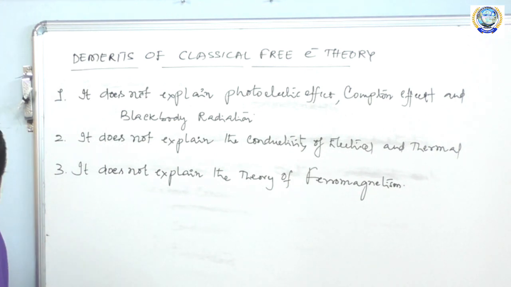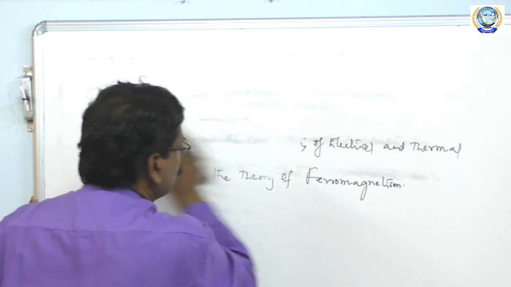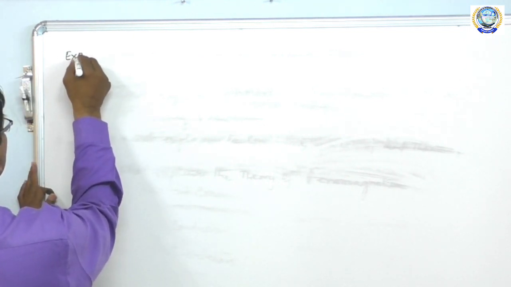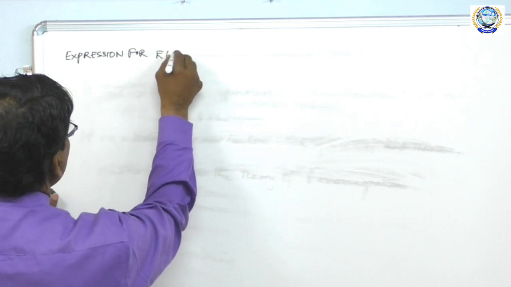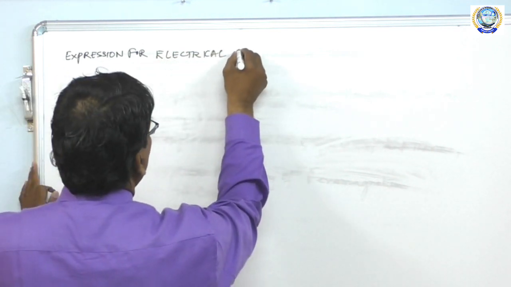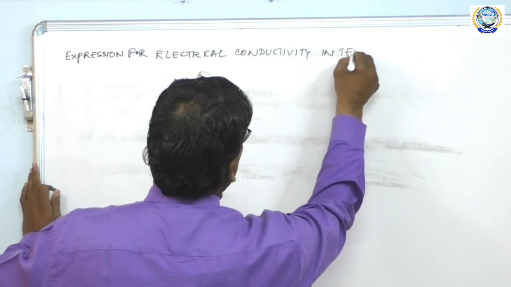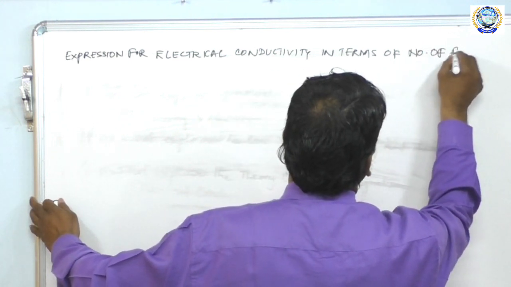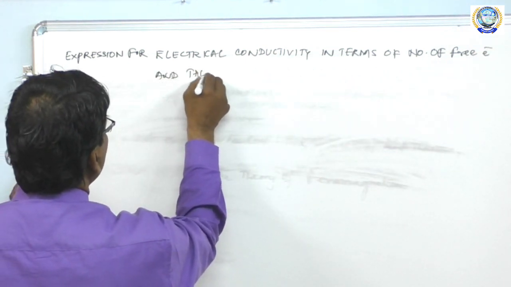Now we will go for the expression for electrical conductivity in terms of number of free electrons and their mobility.